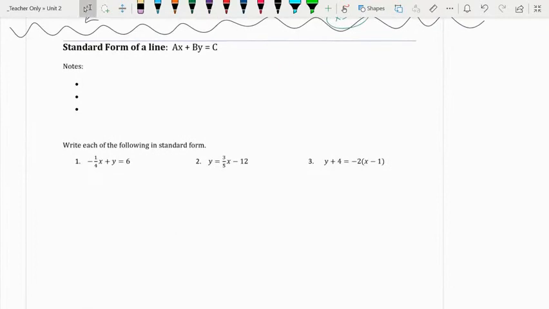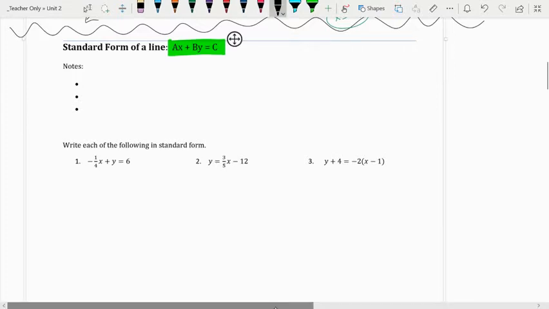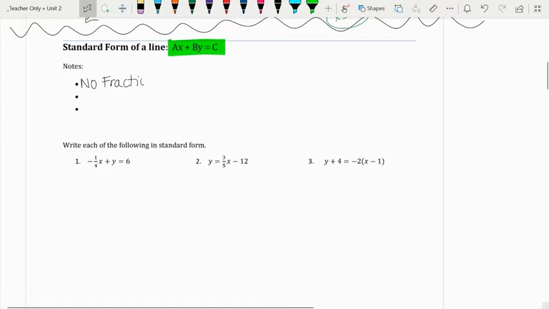So let's talk about standard form in general. It is the form ax plus by equals c. And there's a couple of different things that need to happen. Number one, no fraction whatsoever. So make sure that that's okay.